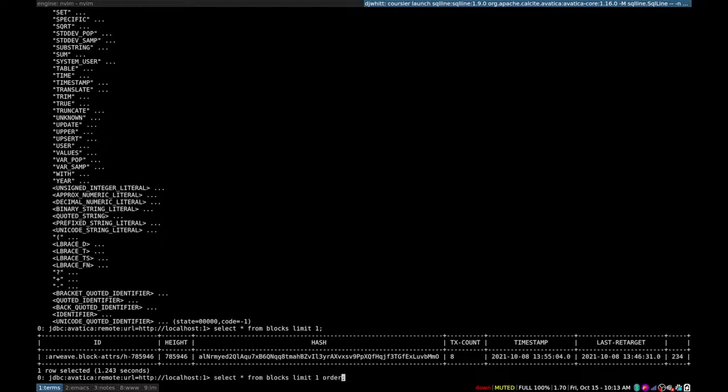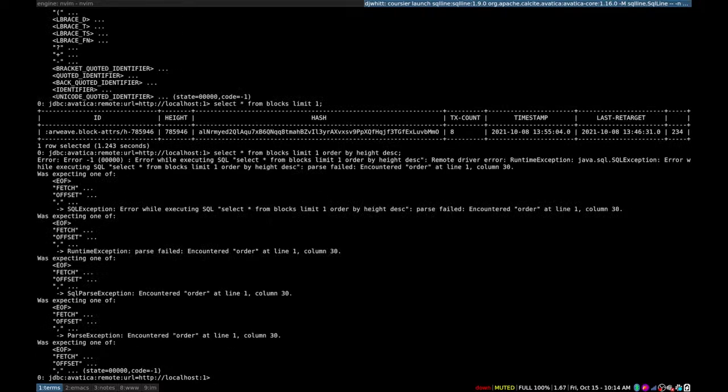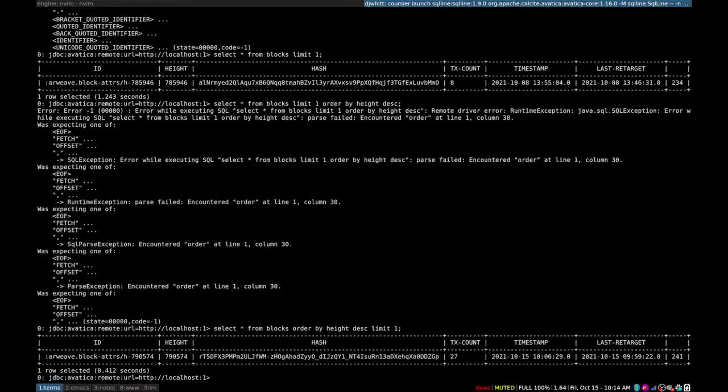Let's see, order by height descending. Oh, I think I've got that. Yeah, okay, so table is there. Oh, this was a change too. I should mention this.